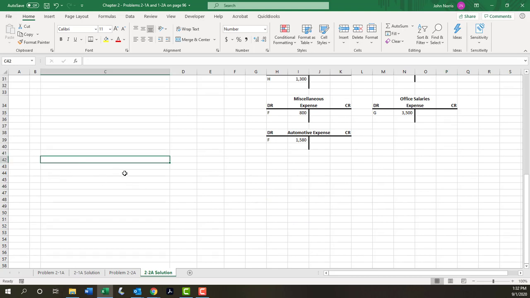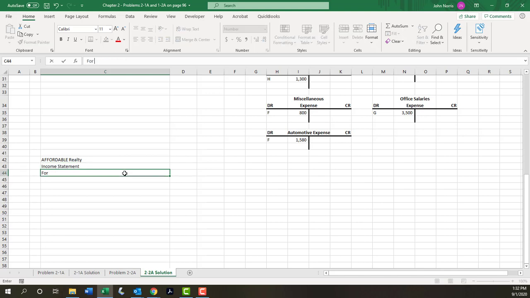And so this is Affordable Realty. The income statement for the month ending October 31st, 2014.